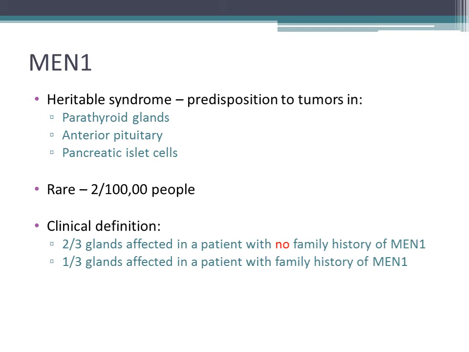How do you clinically define them? You have to have 2 out of 3 glands affected in patients with no family history of MEN1, or 1 out of 3 glands affected in a patient with positive family history for MEN1.